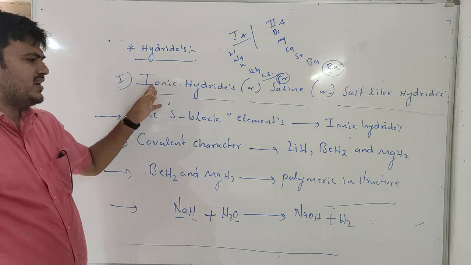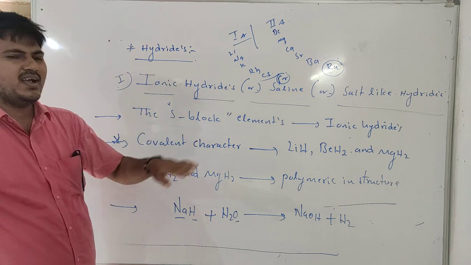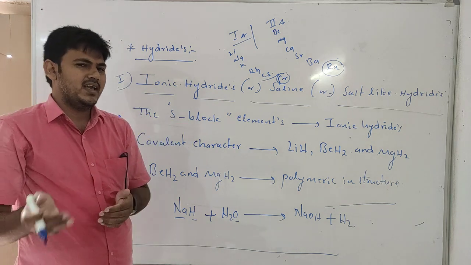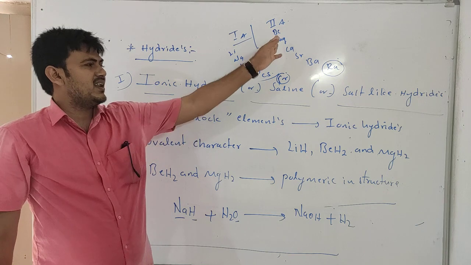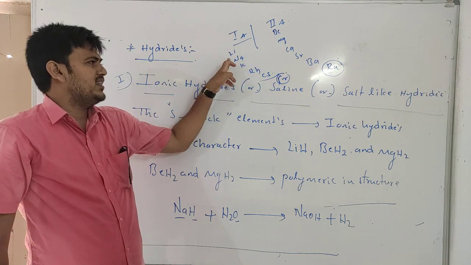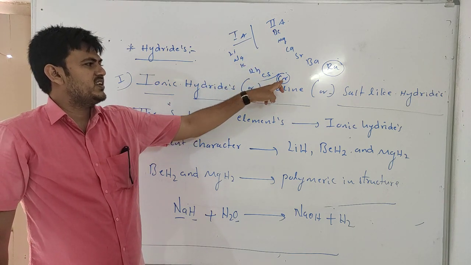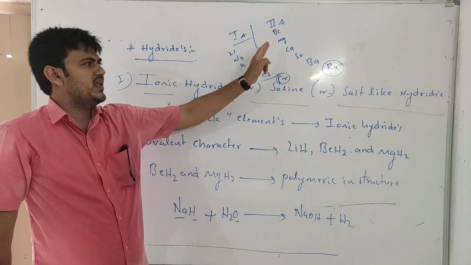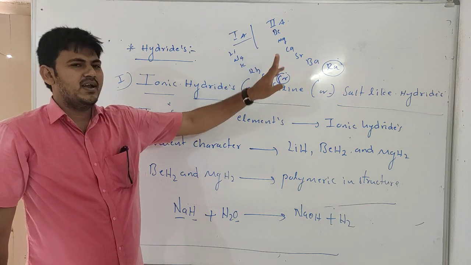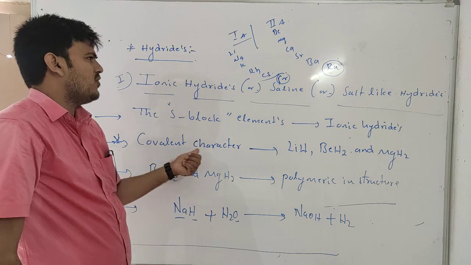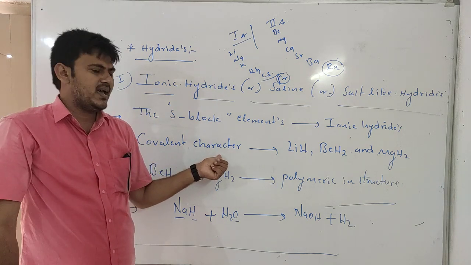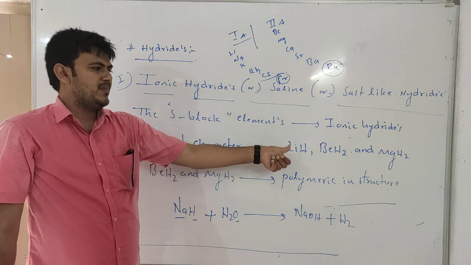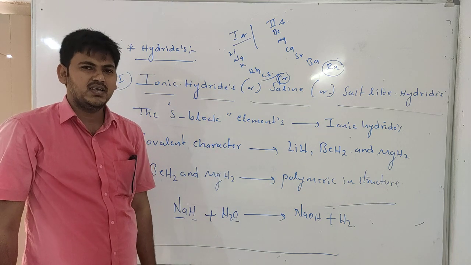So finally, ionic hydrides means the S block elements form ionic hydrides. S block elements, first A and second A group elements, are alkali metals and alkaline earth metals. Alkali metals: lithium, sodium, potassium, rubidium, cesium, francium. And second A group elements: beryllium, magnesium, calcium, strontium, barium, and radium. And next, the significant covalent character is found in lithium hydride, beryllium hydride, and magnesium hydride.